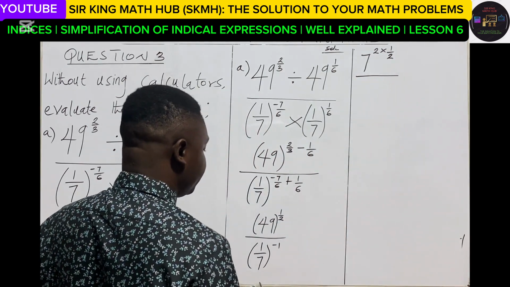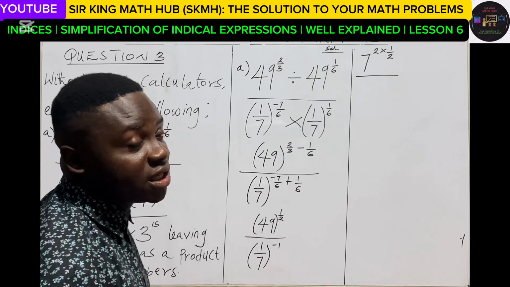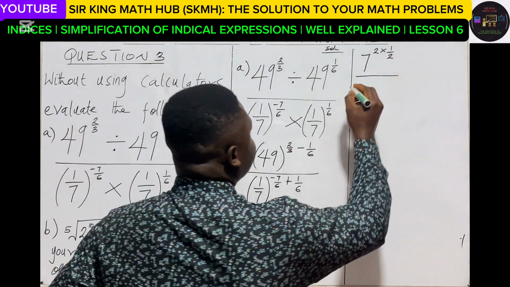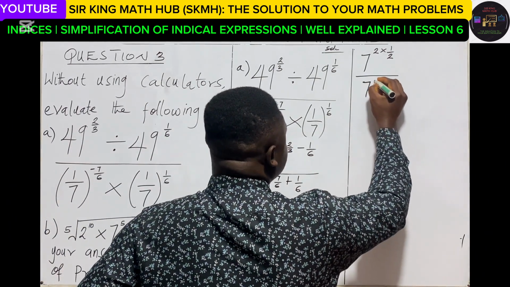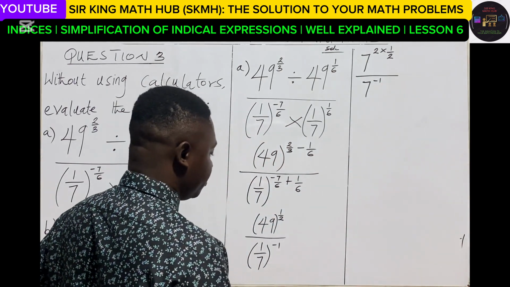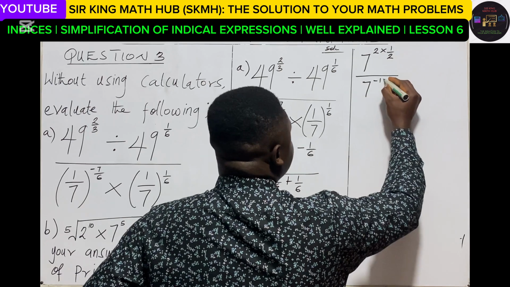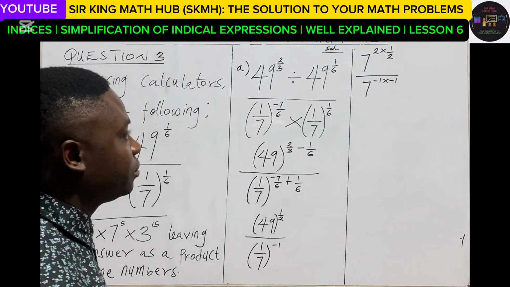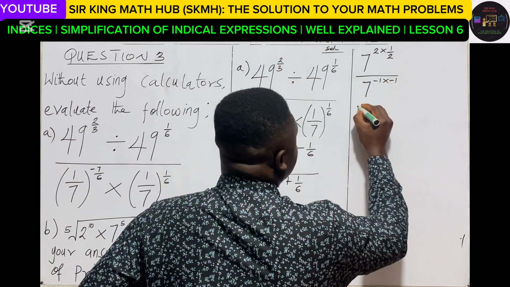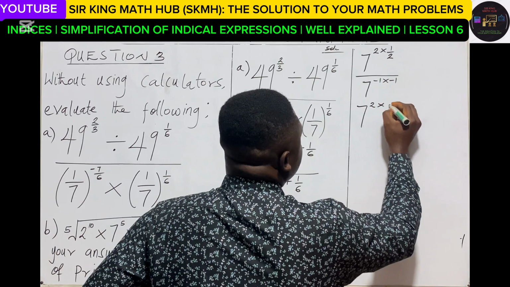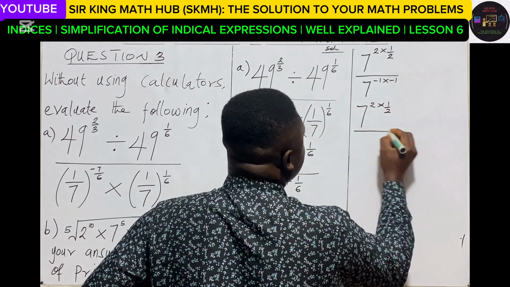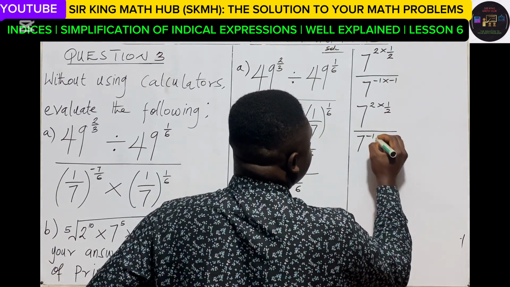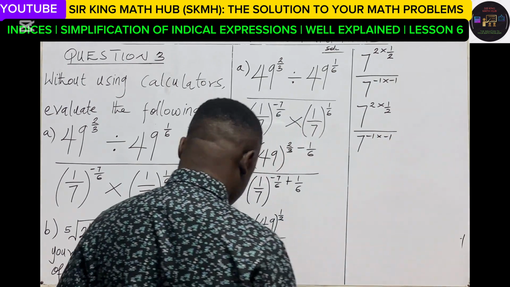And how do you write 1 on 7 in index form? This is written as 7 exponent negative 1, and this will also multiply negative 1. So let me repeat this. We have 7 exponent 2 multiplying 1 on 2, and 7 exponent minus 1 multiplying minus 1.